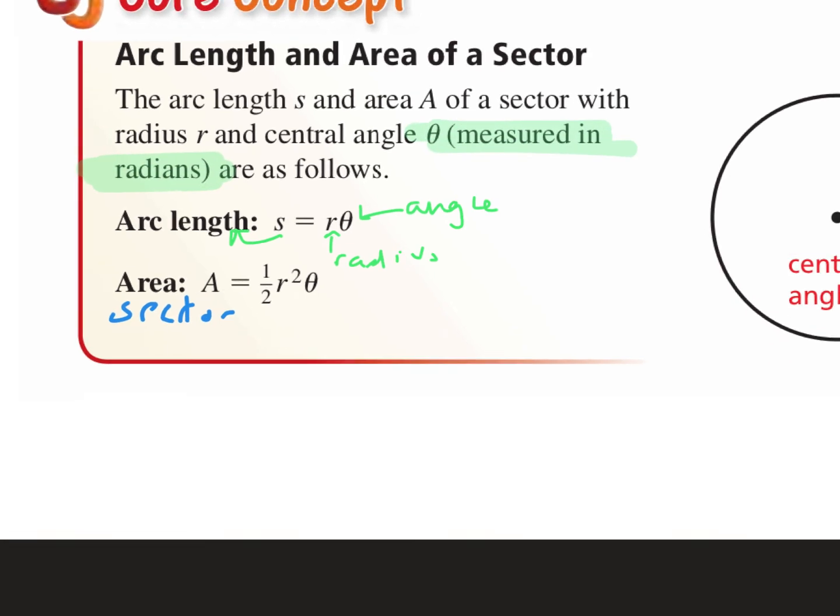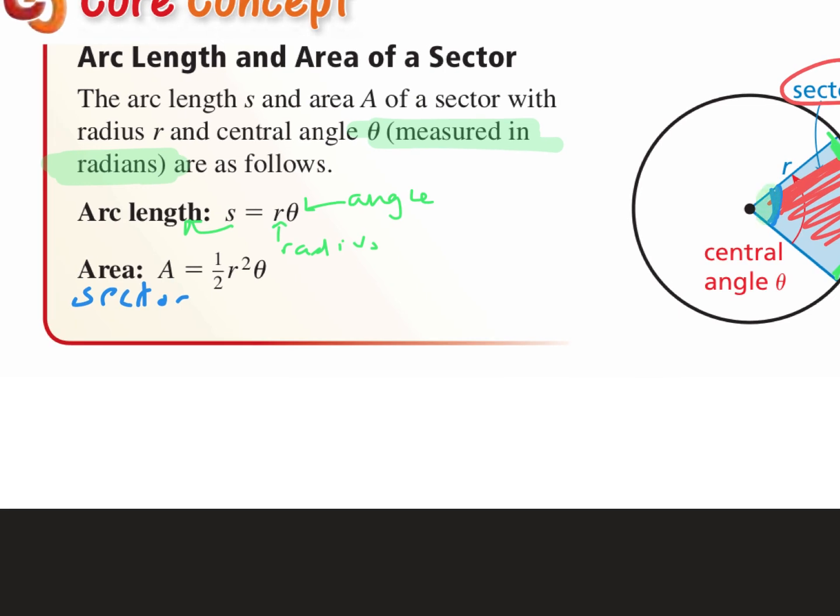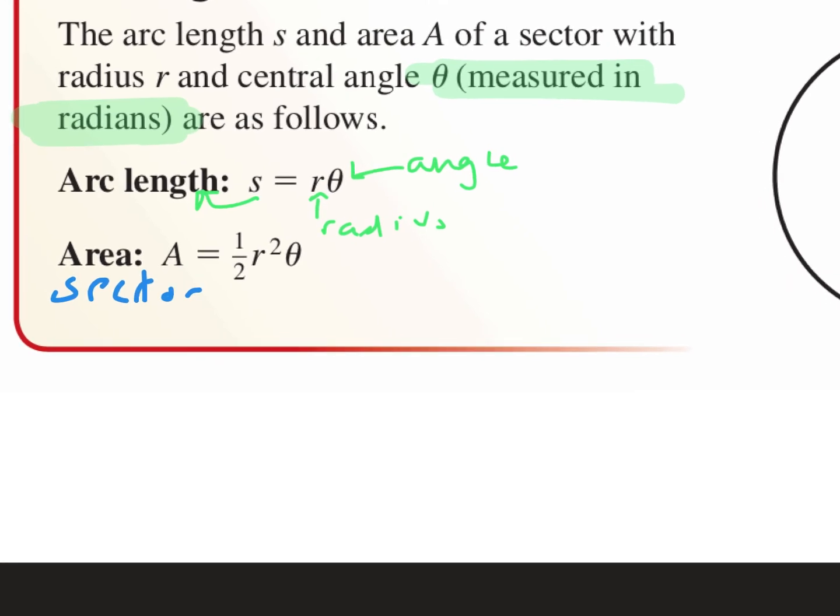So if it gives us our angle here in degrees, we have to convert it before we plug it into our arc length formula. So super, super important that your theta is always in radians. And then our area is just 1/2 our radius squared times theta, which again is in radians.